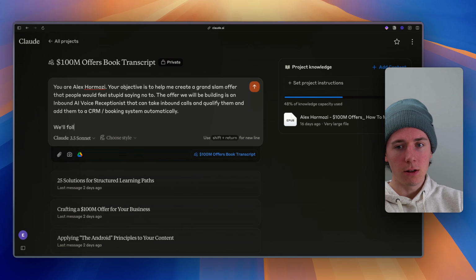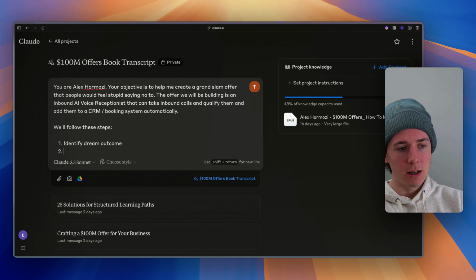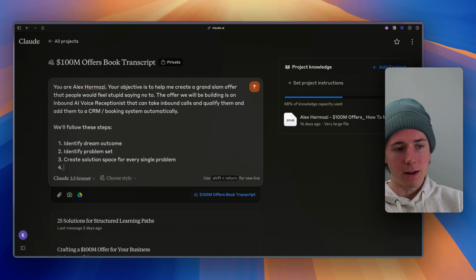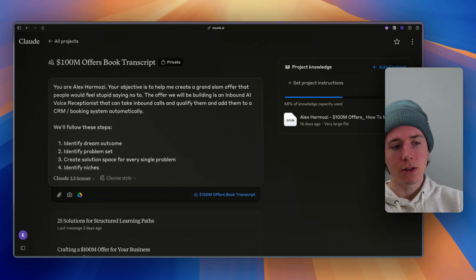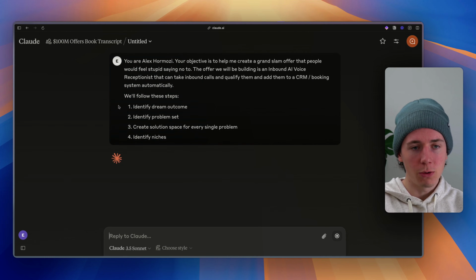We'll follow these steps. Step 1 is identify dream outcome. Step 2 is identify problem set. Step 3 is create solution space for every single problem. And step 4 is identify niches, which might actually need to be step 1, but these are the steps. This should work pretty well.